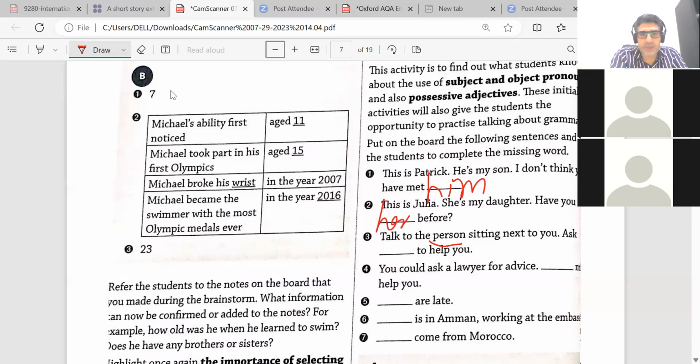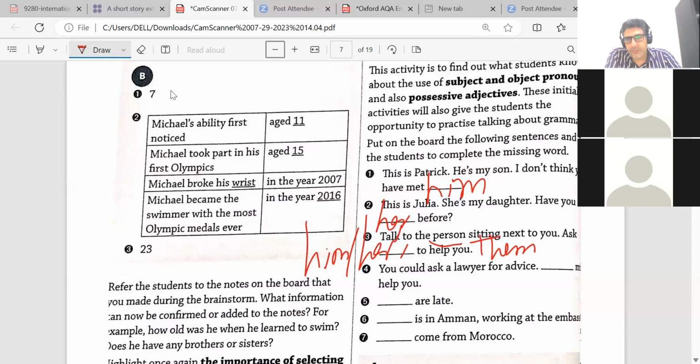You can say ask him. Also, you can use her if she is a woman, or you can say them if you don't know male or female. So here you have 3 correct answers. Ask him, ask her, ask them.